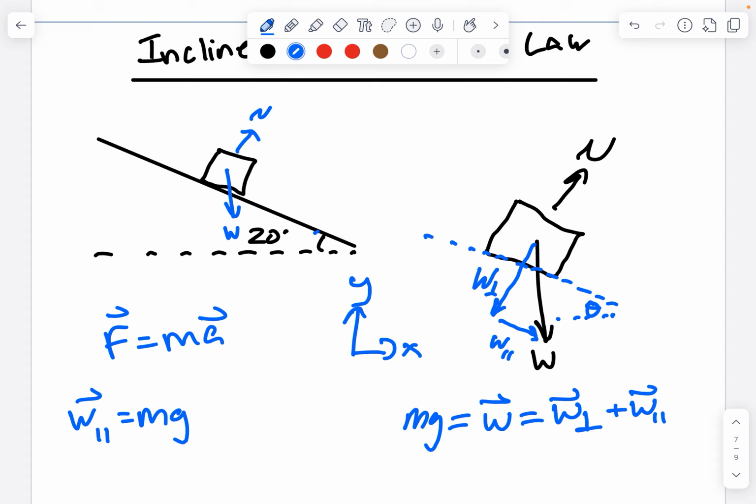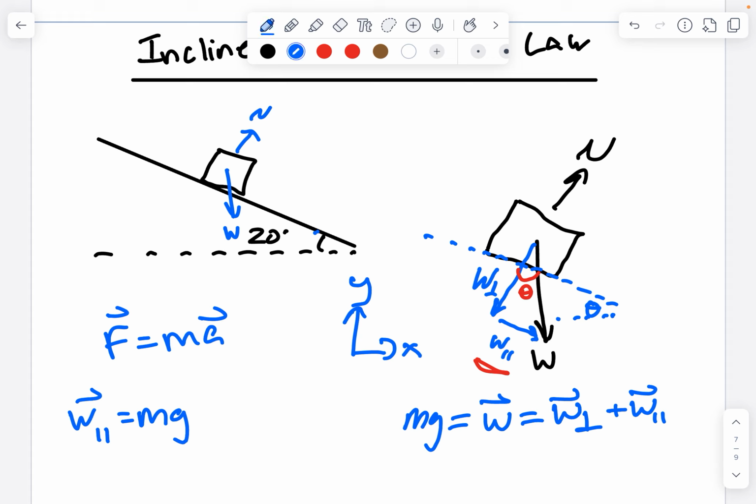This theta is equivalent to theta here, because those thetas are the same due to the laws of triangles. So W parallel is opposite of theta, and we know that a side opposite of an angle can be written as sine theta.